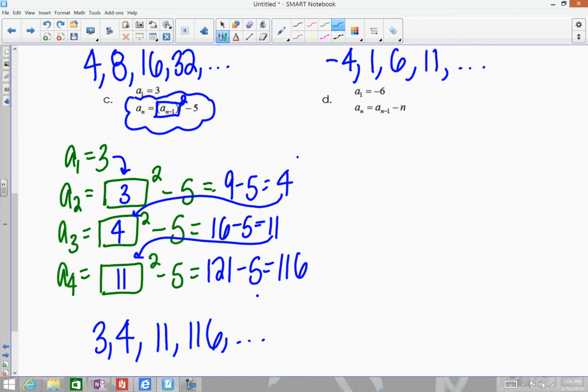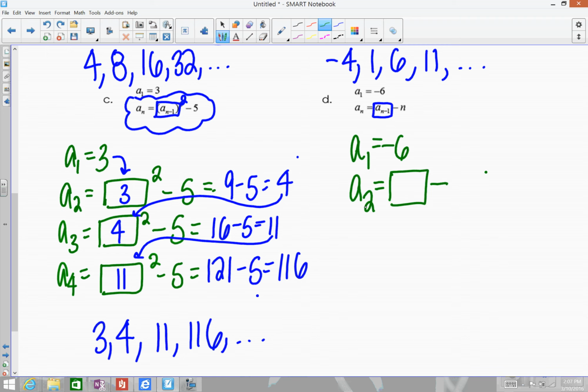This next example is a little bit different. Because it uses this a sub n minus 1 notation, there's your previous term notation, but this n represents the term number. So I'm going to set it up a little bit differently. a sub 1 is going to be negative 6. Then for a sub 2, the previous term goes in the box, but then it's minus n.